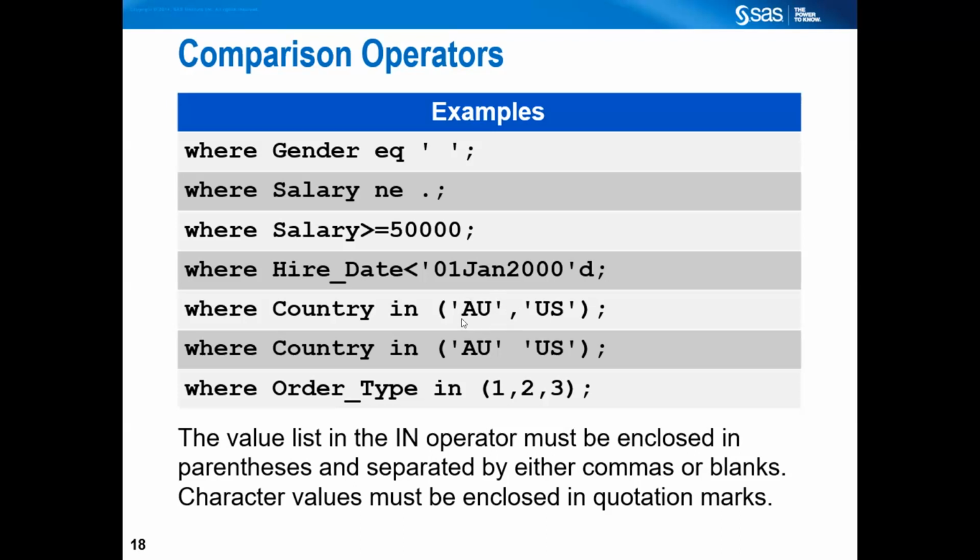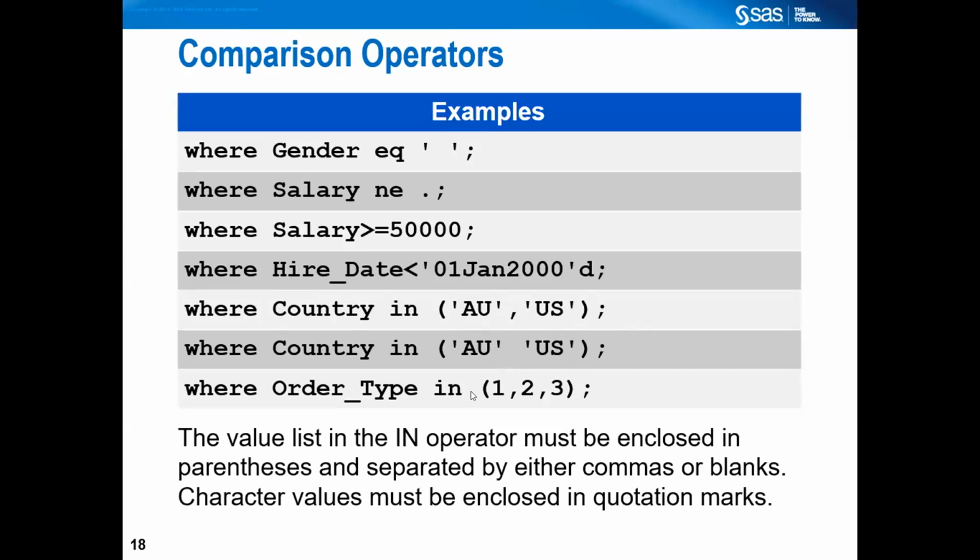Because character values are case sensitive, put them into quotes, separated by comma or space, both are equivalent. So the IN operator means among the given list, select all. This is like select country equal to AU and equal to US.